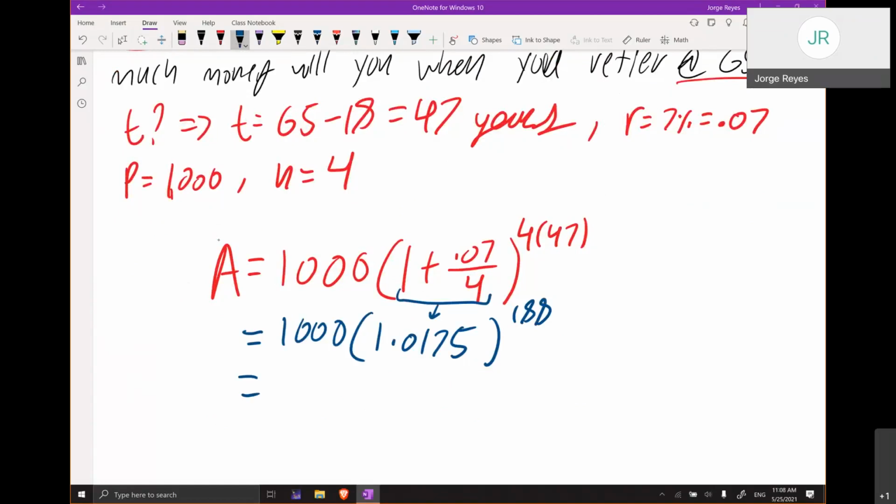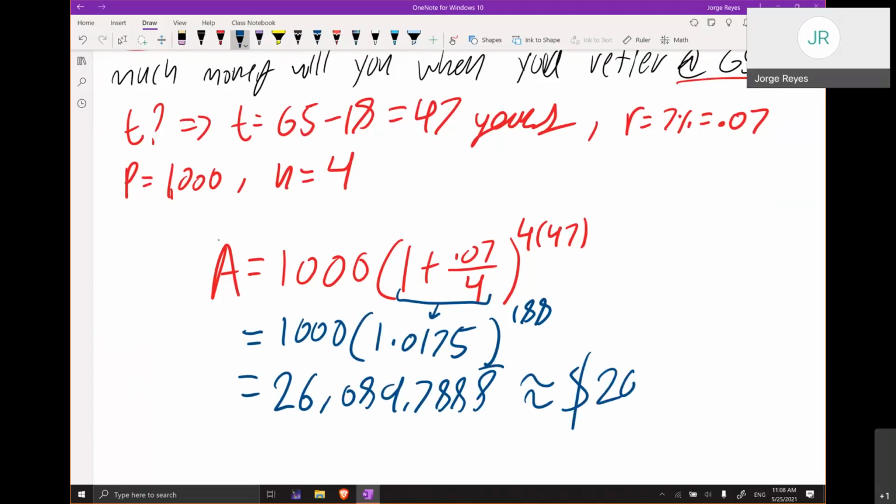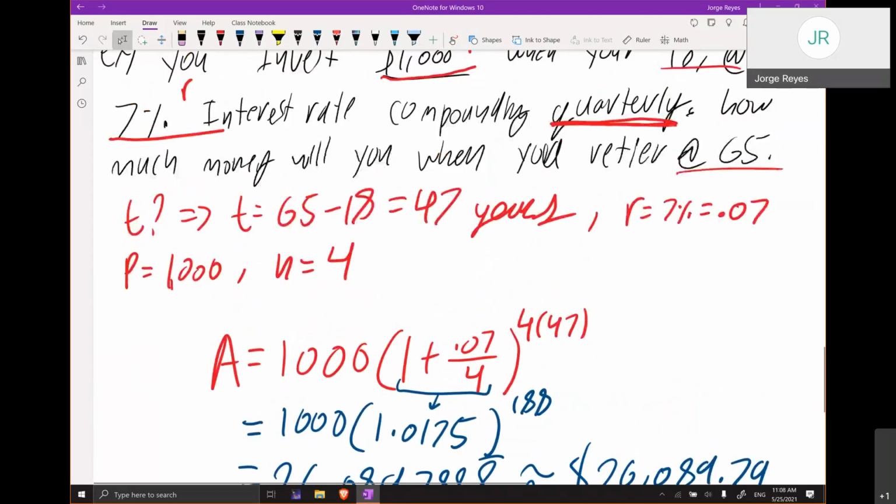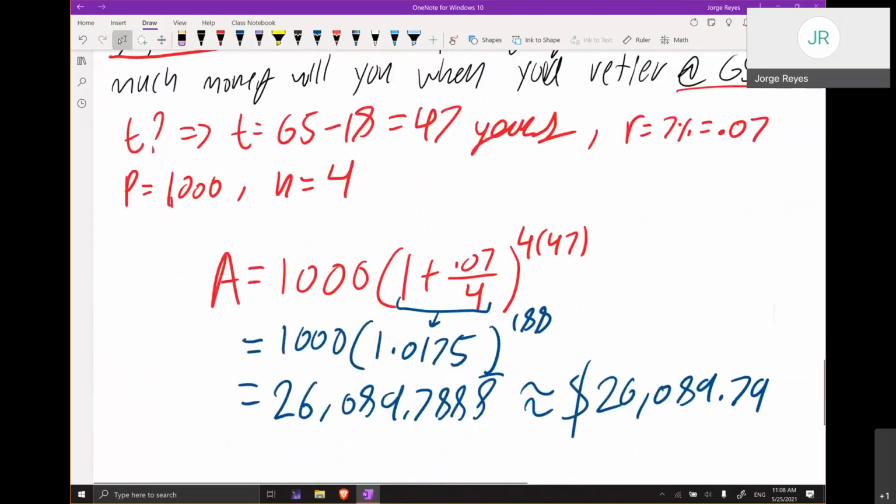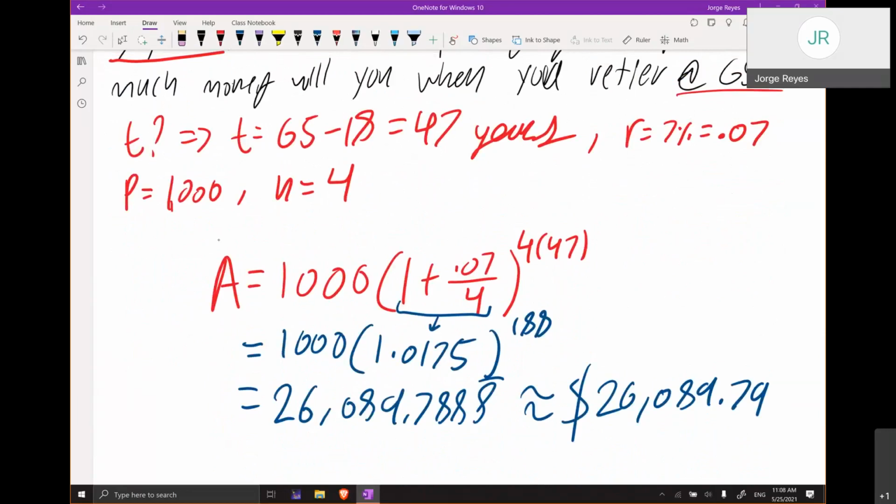So then if you punch that into a calculator, you're going to get 26,089.7888 forever, which is approximately $26,089.79. So if any of you are 18 and have $1,000 to invest, it's recommended, unless you don't want $26,000 in 47 years.